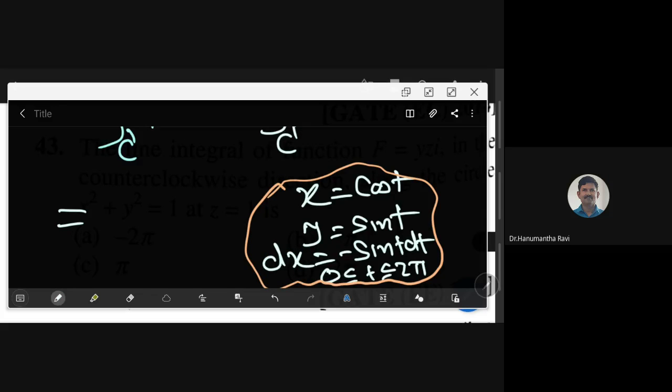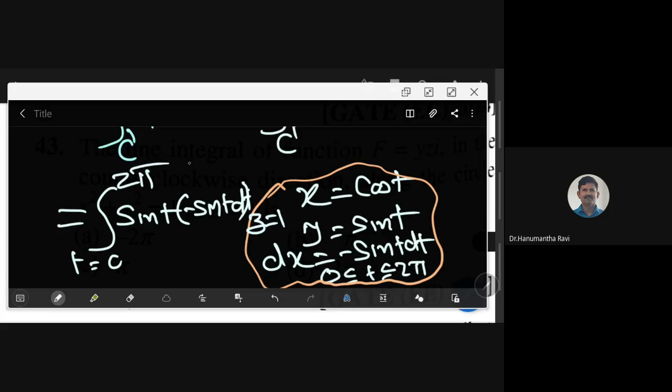This is equal to the integral. Z is anyway 1, please remember that, so dz is 0. Your y is sin t, z is 1, and dx is minus sin t dt, and your t varies from 0 to 2 pi.